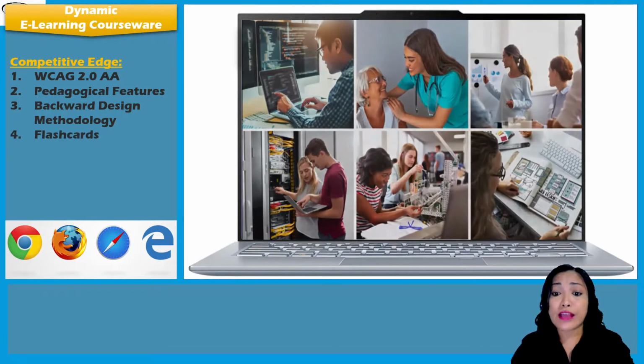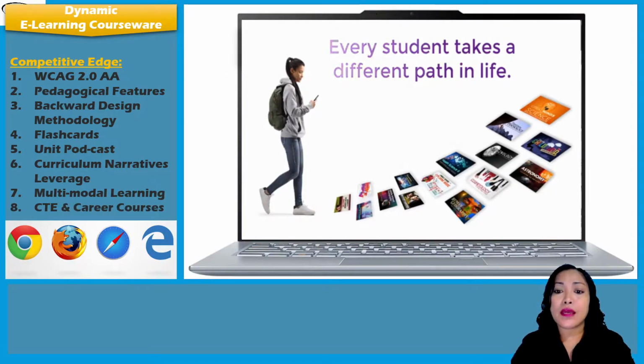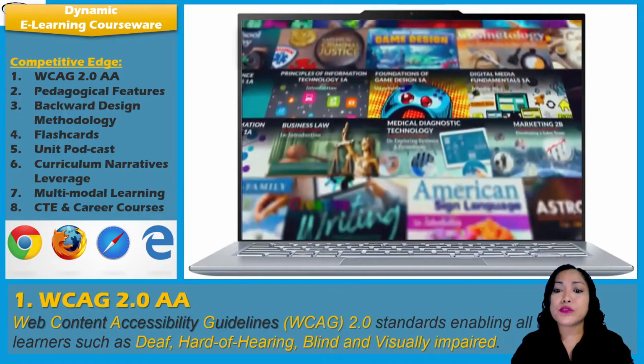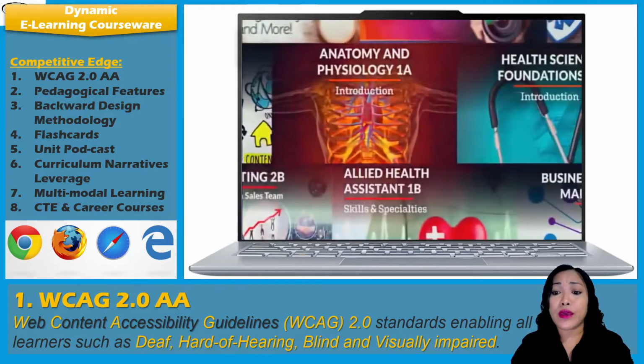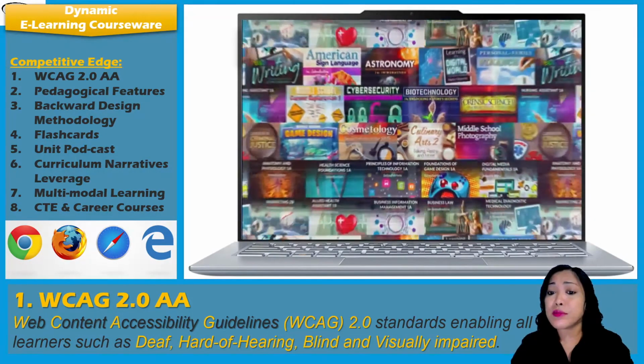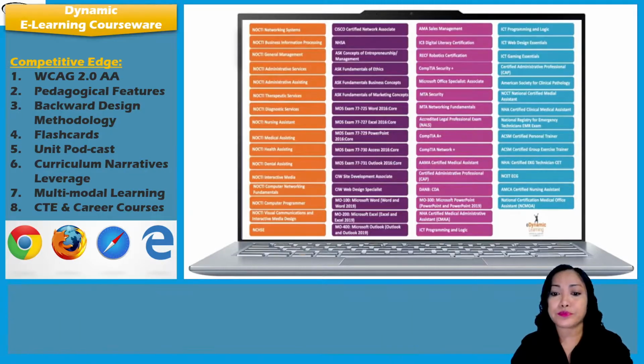It uses flashcards and unit podcasts. It has curriculum narratives that leverage multimodal learning, and CTE and career courses, where WCAG 2.0 AA, or the Web Content Accessibility Guidelines standards, enable all types of learners such as deaf, hard of hearing, blind, and visually impaired.